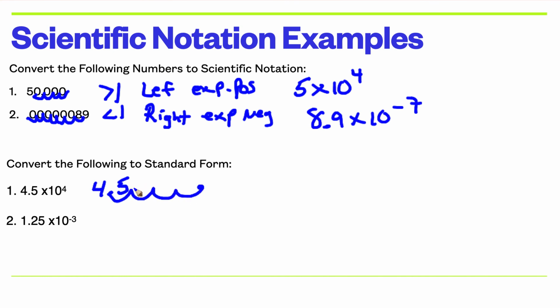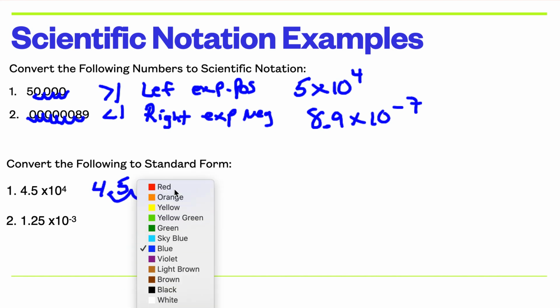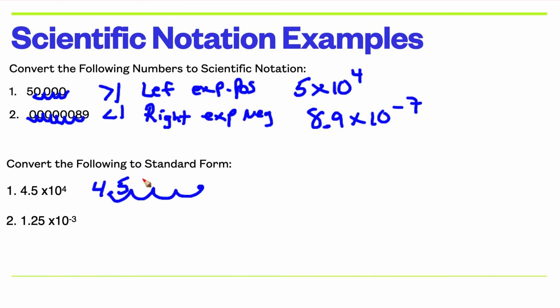Where these little waves are, we need to put zeros. Now if I went back and checked, it would be 1, 2, 3, 4, and it matches. So 4.5 times 10 to the 4th in standard form would be 45,000.